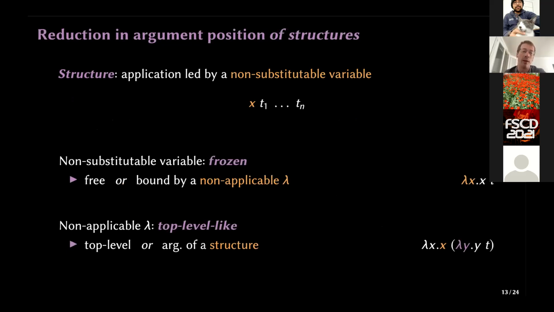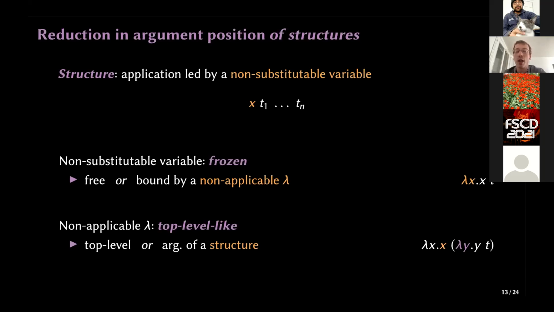As I already said, free variables are frozen, but there are other cases. Suppose you have a lambda abstraction for which you can determine that it will never be applied to any argument. If it is not applied, there will be no beta reduction. The variable will not be substituted, and then the variable is also frozen.